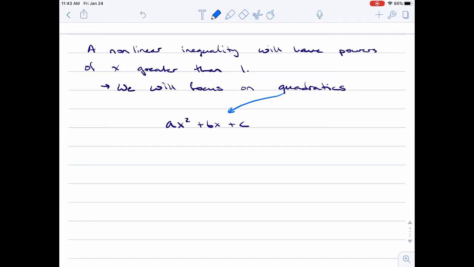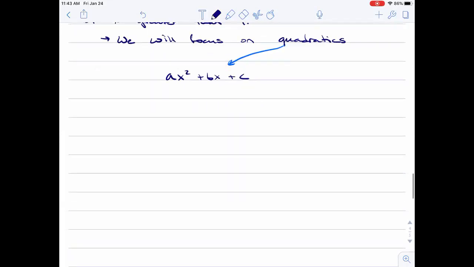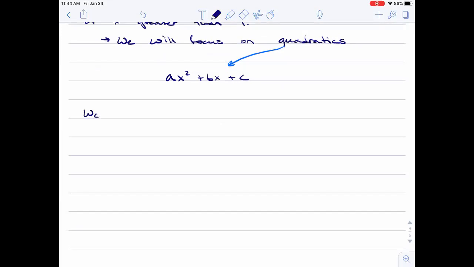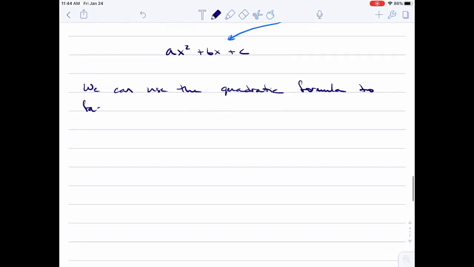All quadratics: equations, inequalities, whatever. The reason is because we have the quadratic formula to factor a quadratic equation or inequality. So we can use the quadratic formula to factor a quadratic.